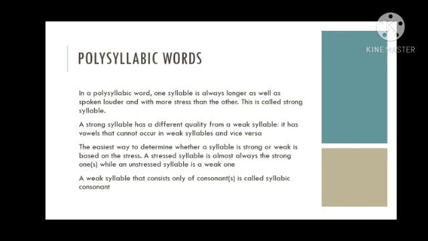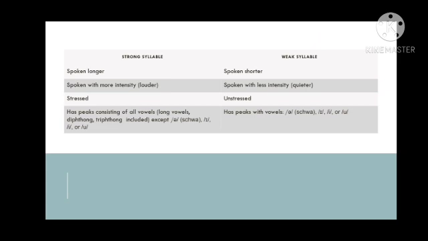And a weak syllable that consists only of a consonant is called a syllabic consonant. As for a strong syllable, the characteristics are that they are spoken longer and louder.